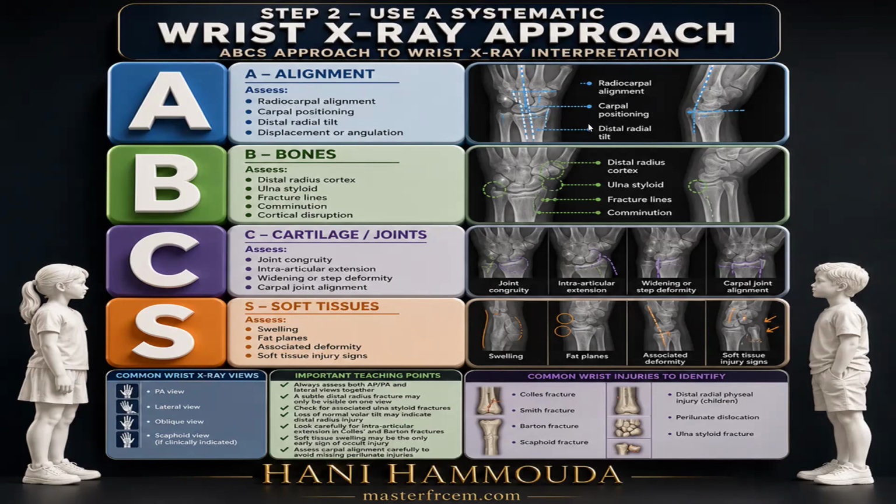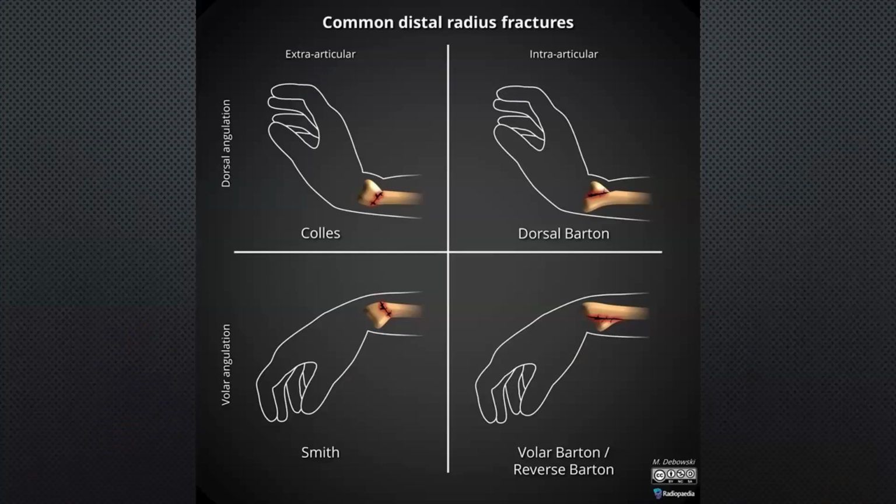So common wrist injuries: Colles fracture, Smith fracture, Barton fracture, scaphoid fracture. What else? Distal radial physeal injury in children, perilunate dislocation, or ulnar styloid fracture. So these are the common fractures in the wrist.